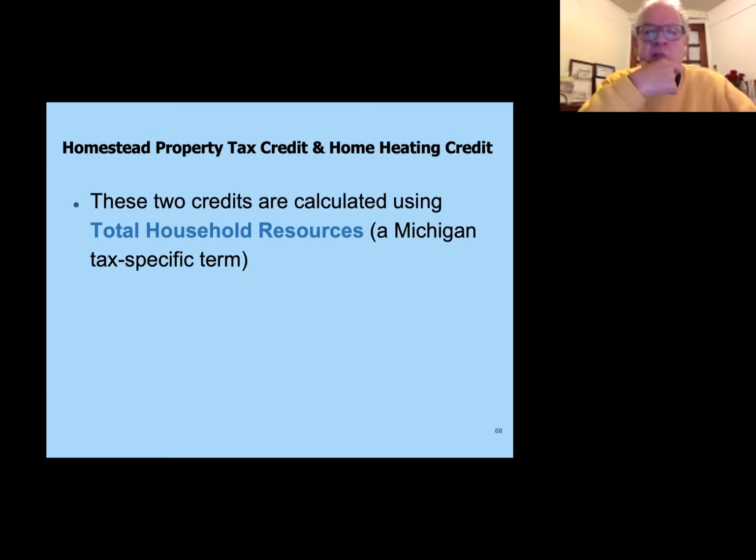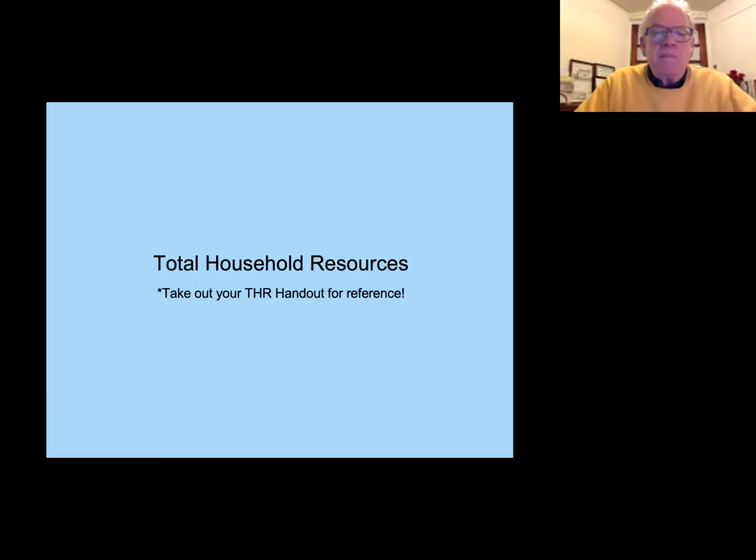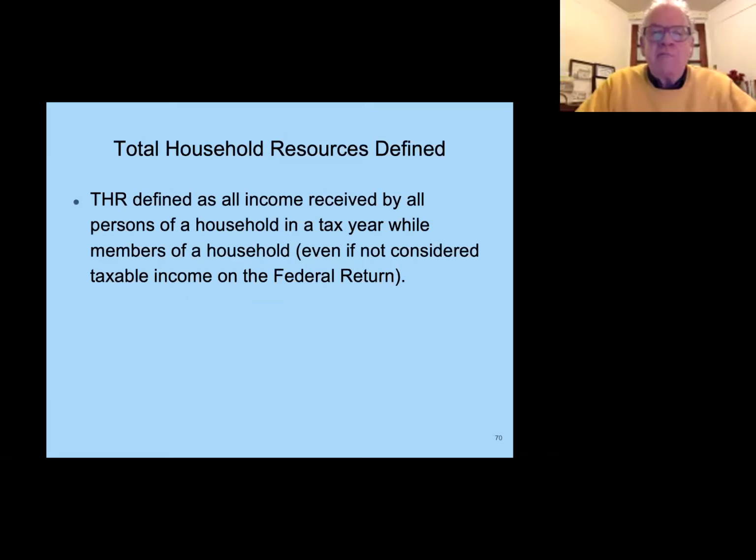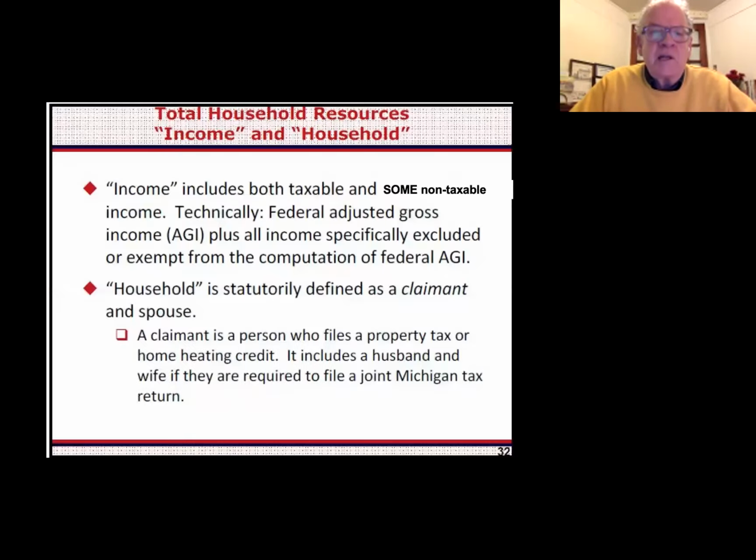This is a very Michigan-specific term. We will have resources that are already, I think, on the United Way resource website on what's in and what's out. Many of you have been working with this for a long time, and you have a pretty good idea of what counts and what doesn't. So this will be a little bit of a refresher.